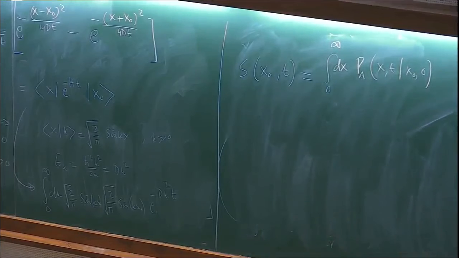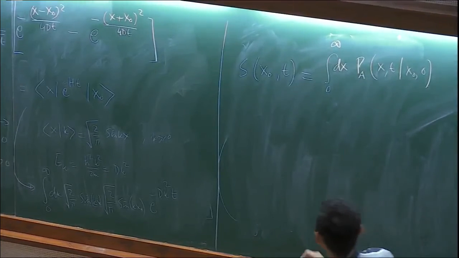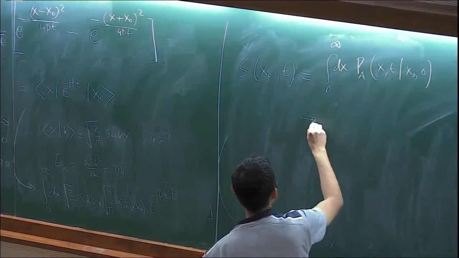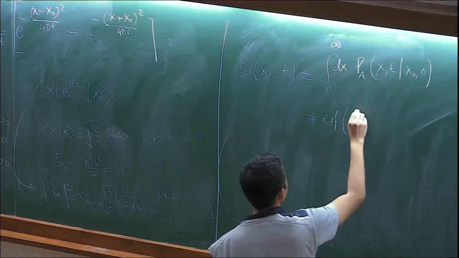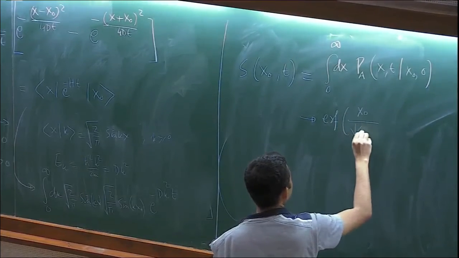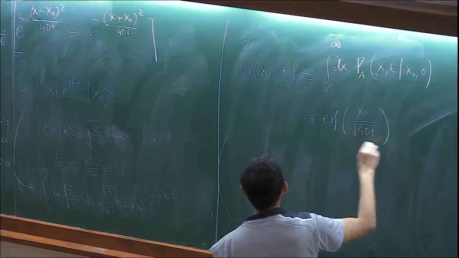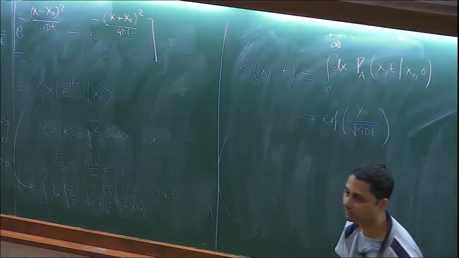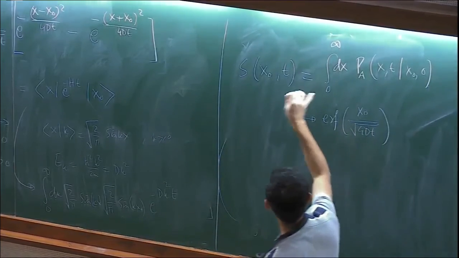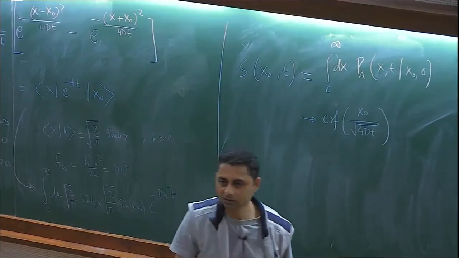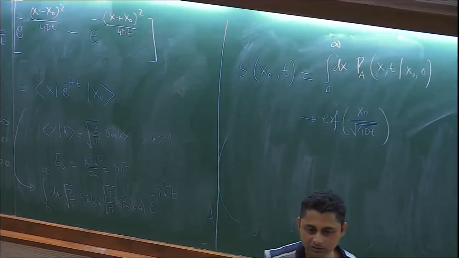You can compute this, and what you will find is that the answer is given by a simple integral, right? You can see why you get this, because it's just the integral of a Gaussian, and integrals of Gaussians give error functions.